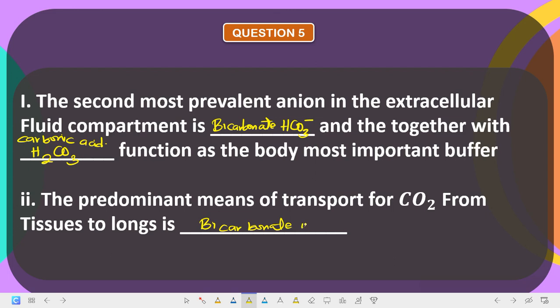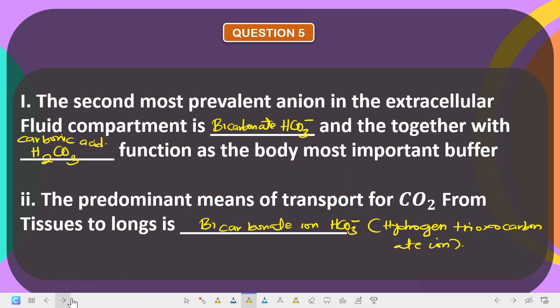The bicarbonate ion is HCO3 minus, or you can call it the hydrogen carbonate ion. So that is for that.